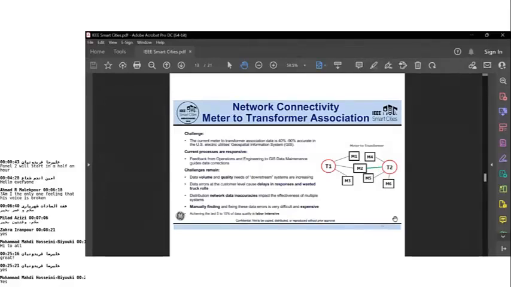Obviously this is very limited when you're talking about a utility that has millions of meters and hundreds of thousands of transformers. Apart from that, the challenge is that there are a lot of new devices coming, and data volume and quality is of great need.